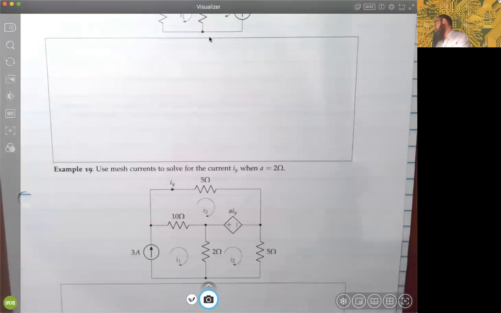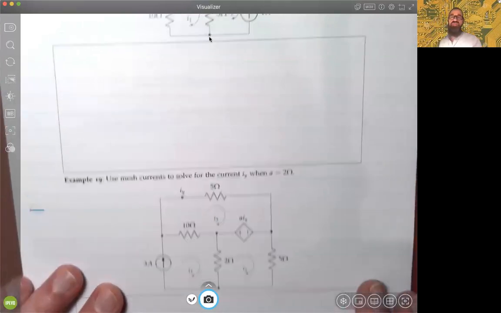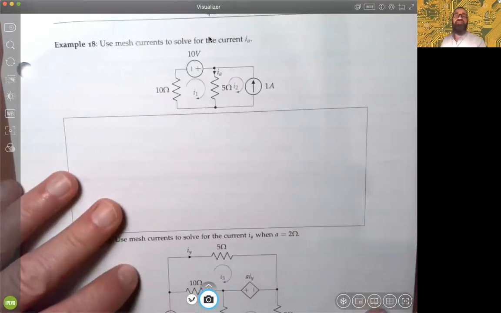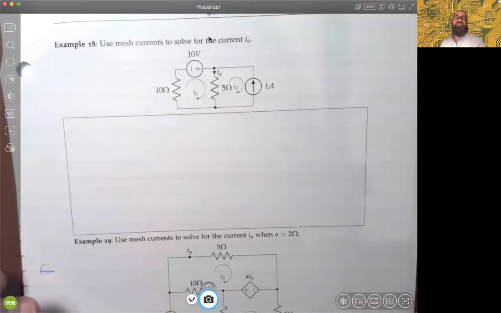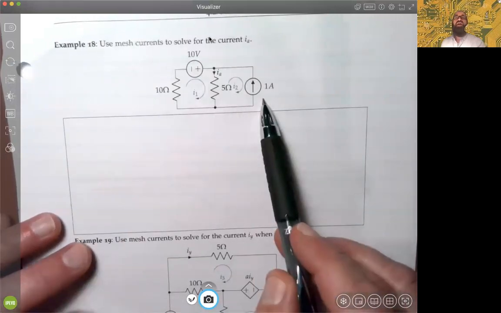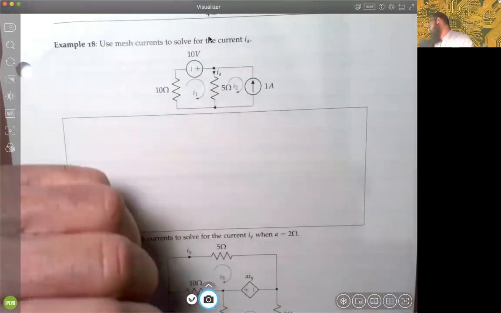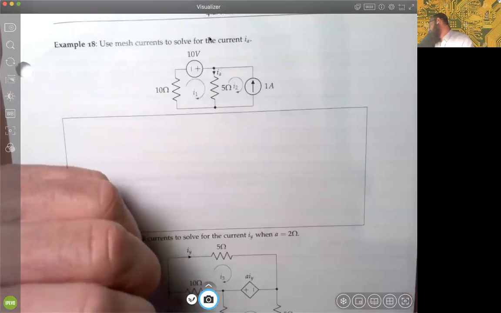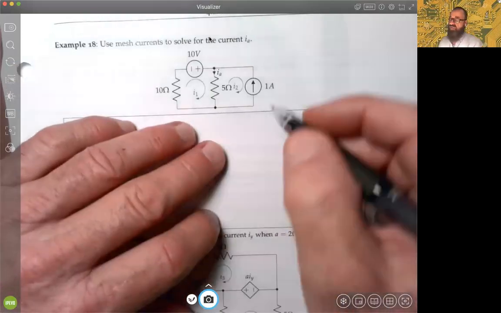So you have to get everything in terms of a mesh current somehow, right? Let's solve 2 more problems very quickly, just to get some more experience with this concept of exploiting sources within the mesh current process. Very simple example again, 2 mesh currents, and what you have is a voltage source here and a current source, right? So in this case, let's look over here on the right.